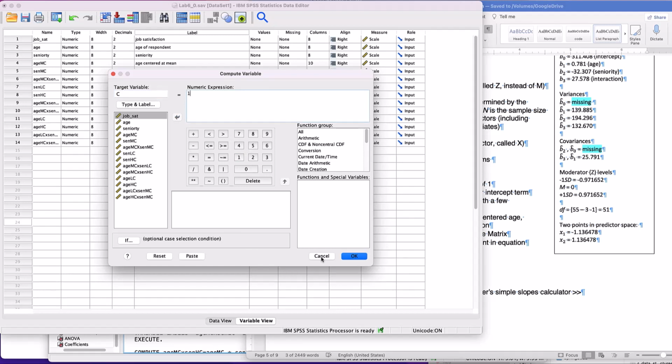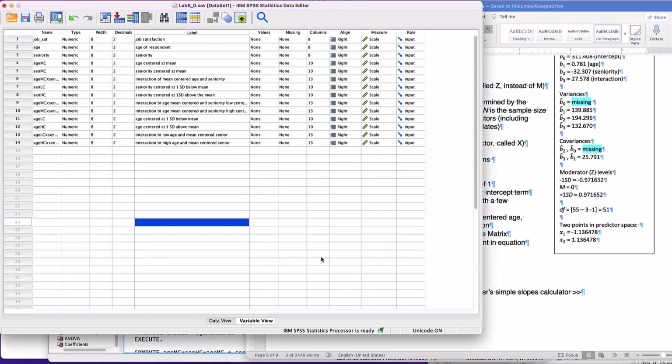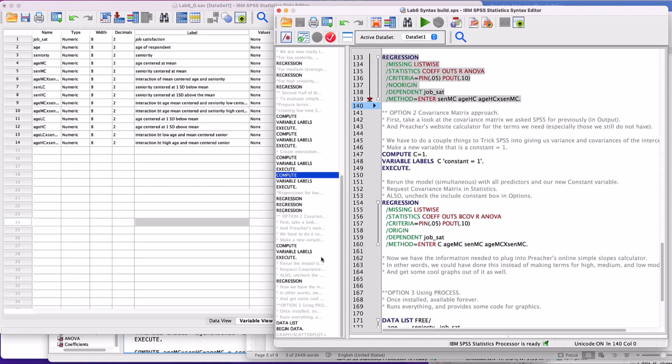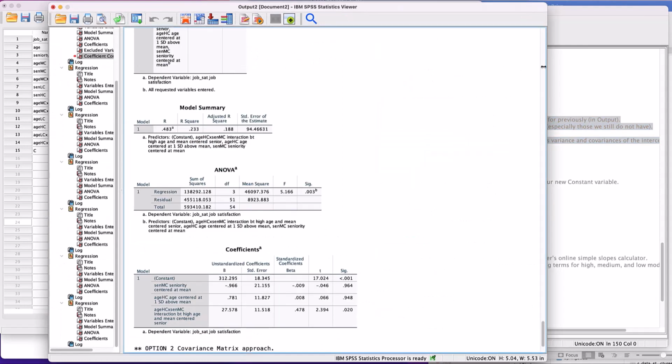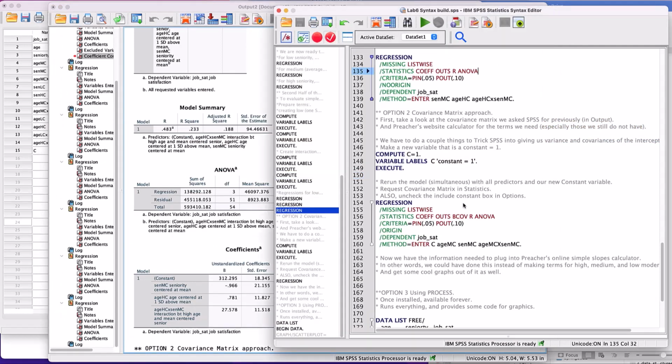So paste and run from syntax. Oh, I gave it a name, constant equals 1, when I did it before. And now I'm going to rerun that model with all the predictors and the new constant variable.